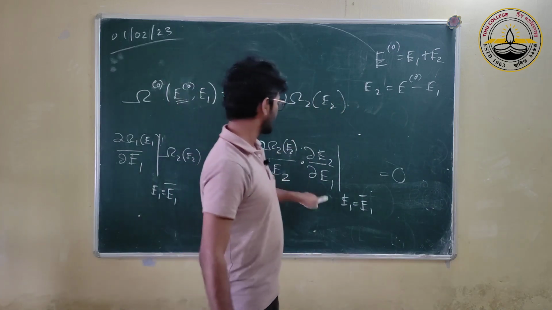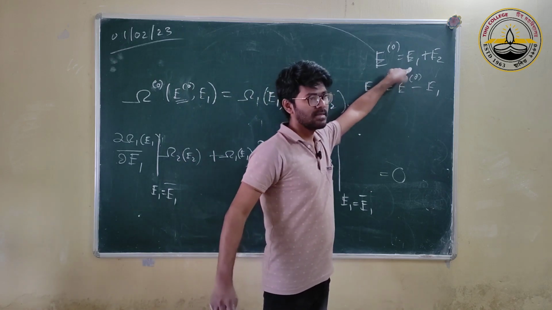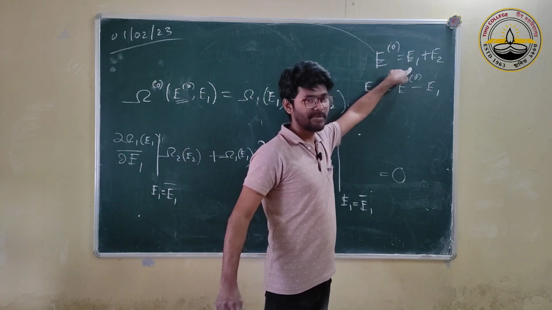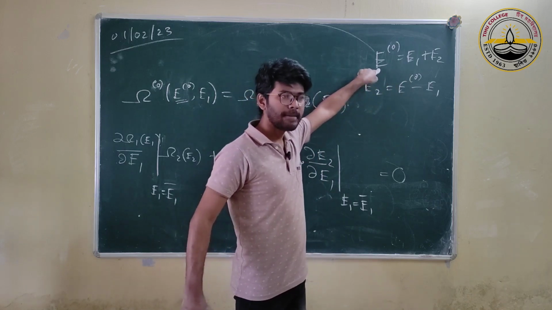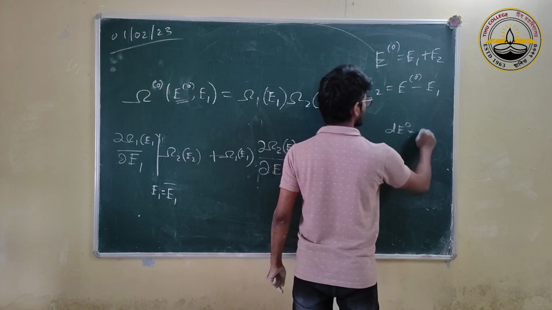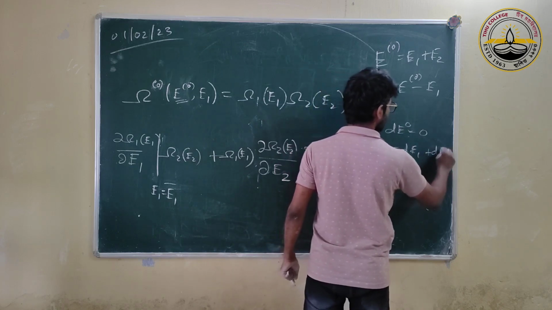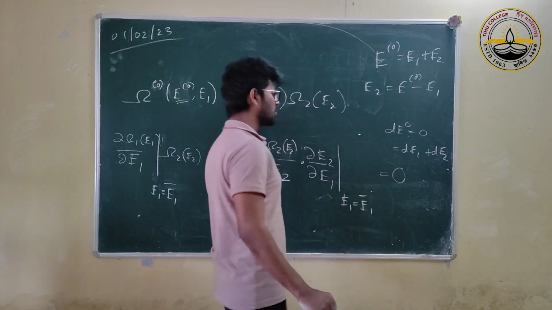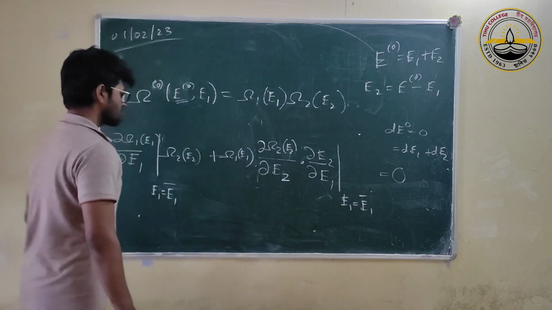Now what is del E2 by del E1? It's minus 1. If you calculate del E2 by del E1, it is minus 1. E0 is constant, so dE0 equal to 0 equals dE1 plus dE2. So basically del E2 by del E1 is minus 1.